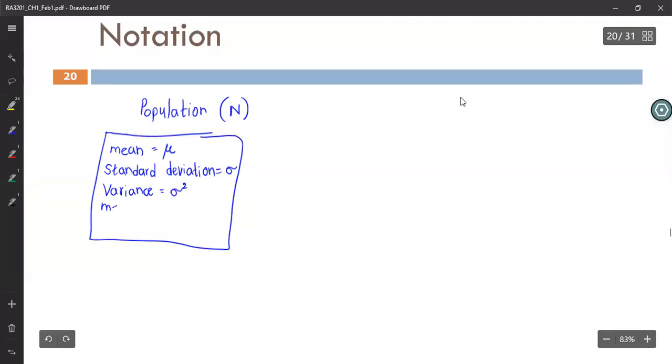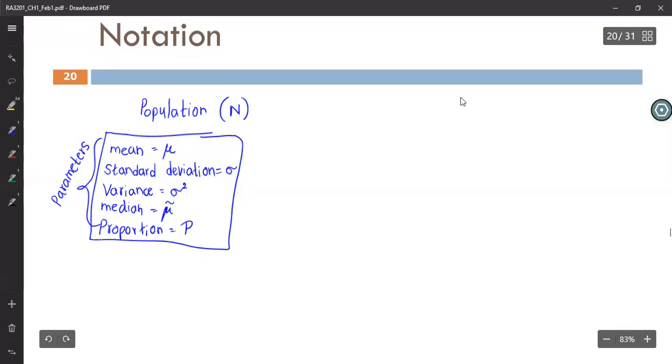You can have the median, which is the midpoint of the ordered data, usually denoted as mu tilde. And you can have proportions if there are groups, say male proportion, female proportion, and so forth. You can have capital P. These are called parameters.